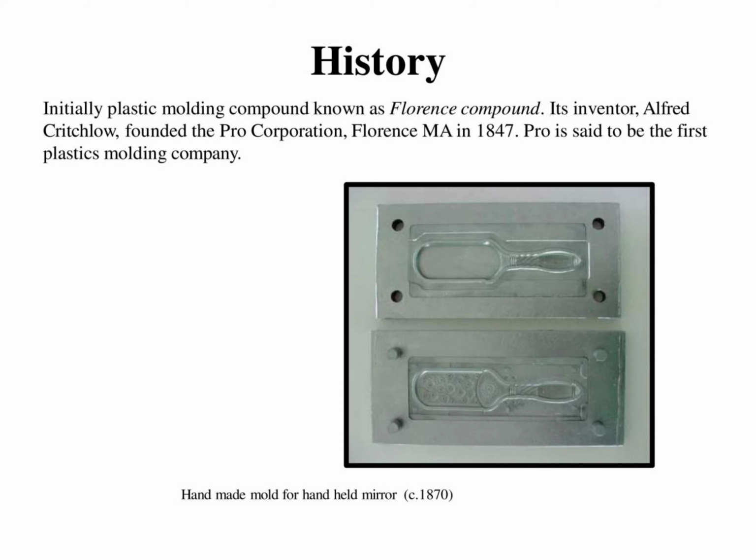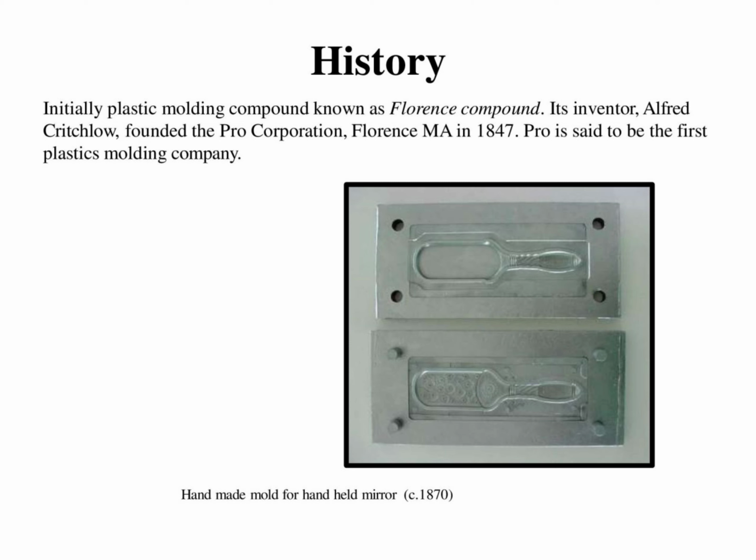Moving on to the history. Initially, plastic molding compound was known as Florence compound. Its inventor, Alfred Critchlow, founded the Pro Corporation in Florence, MA in 1847. Pro is said to be the first plastic molding company.